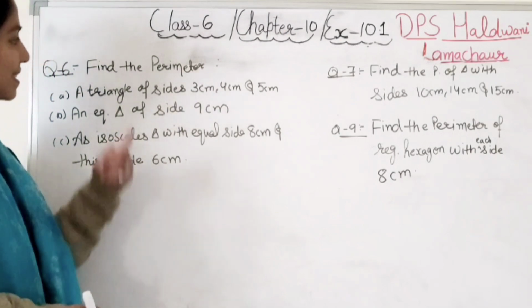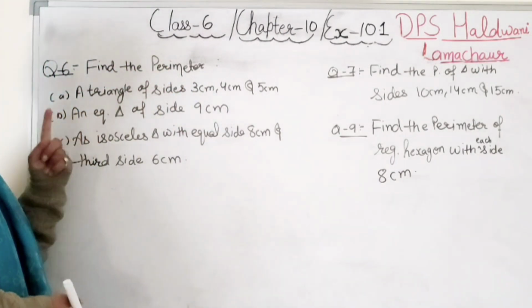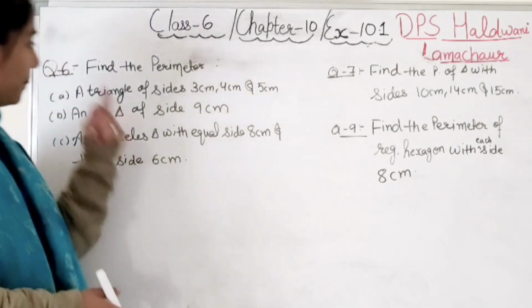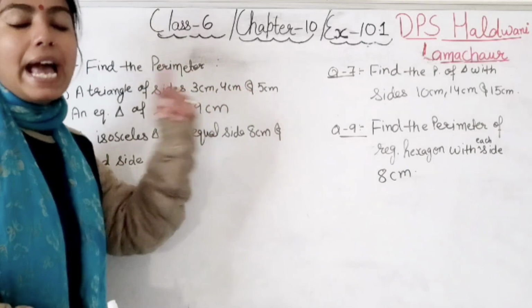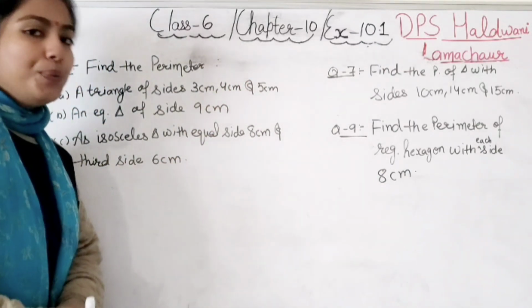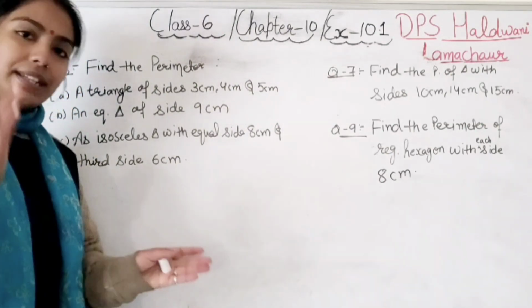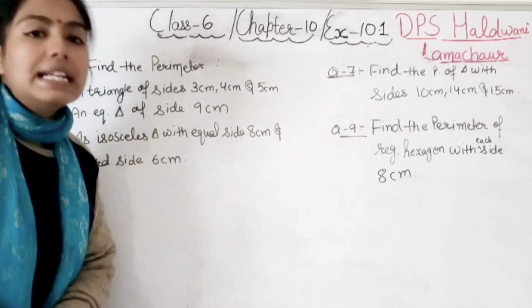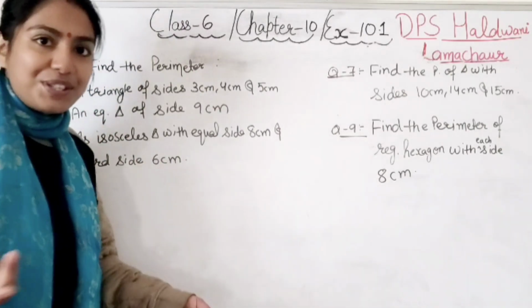Coming to our question number 6. Find the perimeter. A part, B part and C part. 3 parts are there. A triangle of sides 3 cm, 4 cm and 5 cm. Means all sides are different. I told you when you have an equilateral triangle, all sides are the same, then 3 into side. But if the sides are different, then you will do side plus side plus side, student.